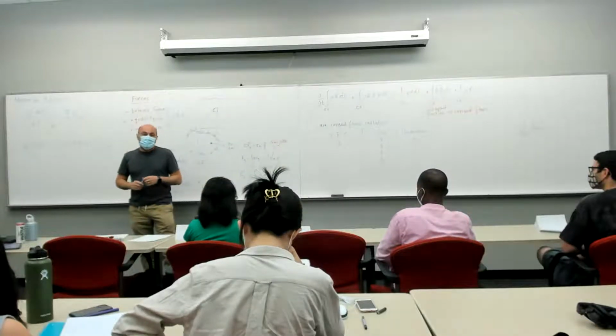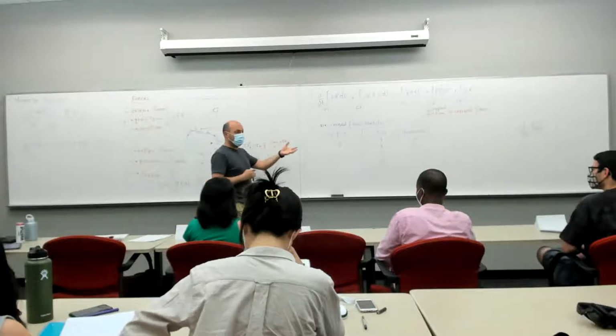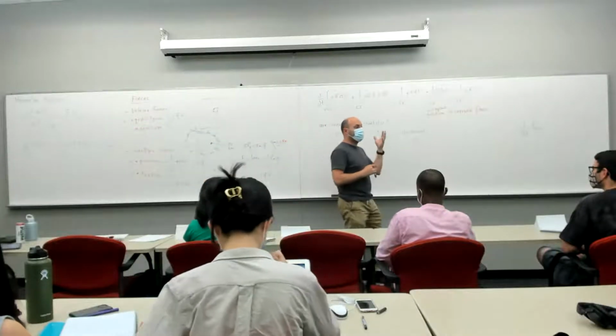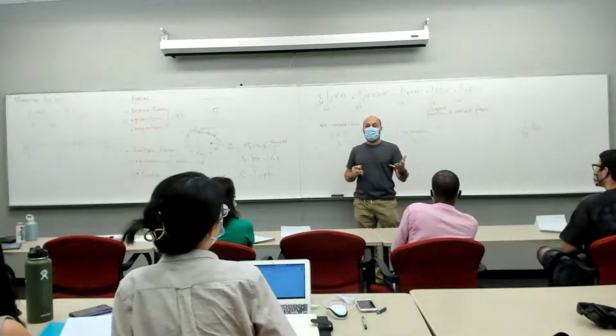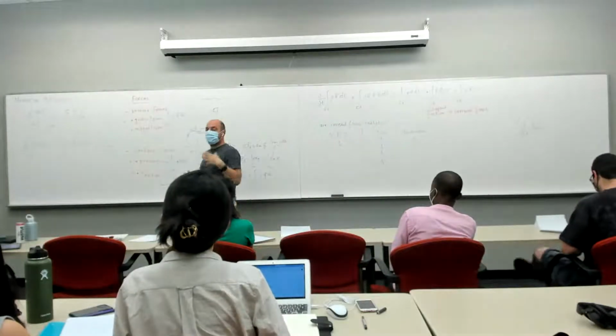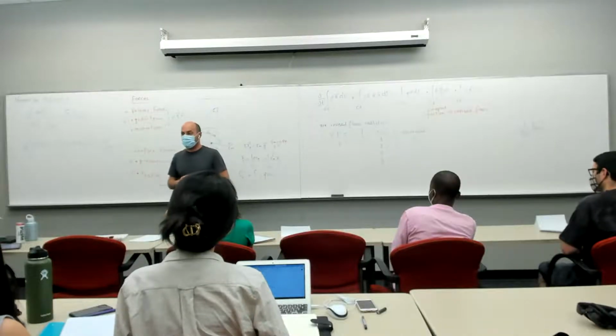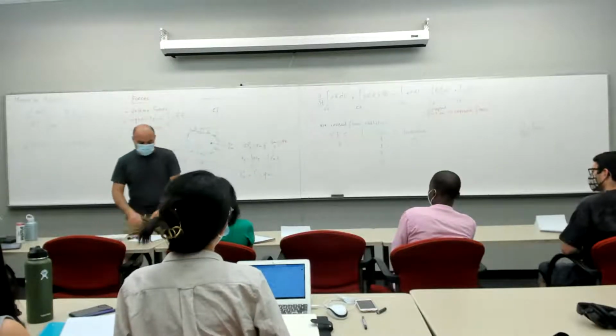So inviscid flows are realistic, although viscosity is a property of a fluid and it's always part of the fluid, okay? You can manipulate the magnitude of that viscosity by cooling the fluid, heating it, etc. Okay? Good discussion. All right.